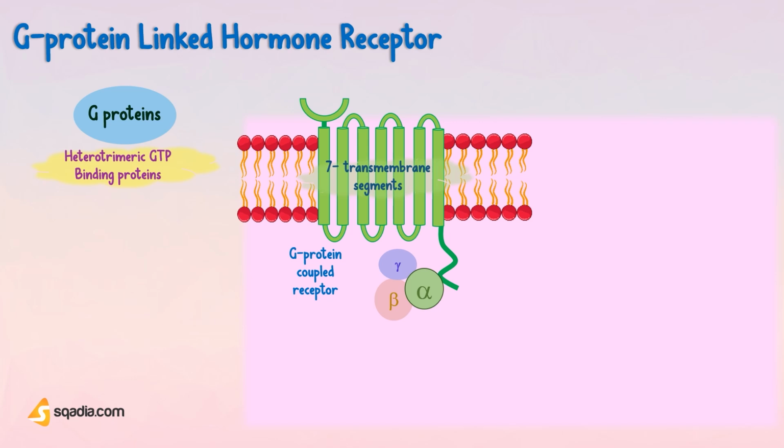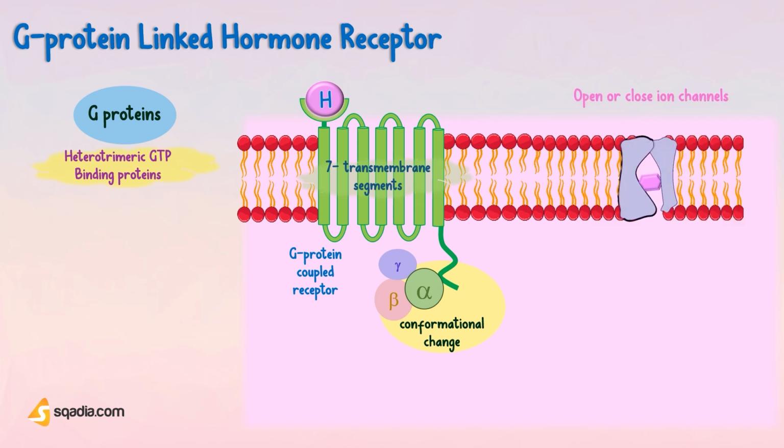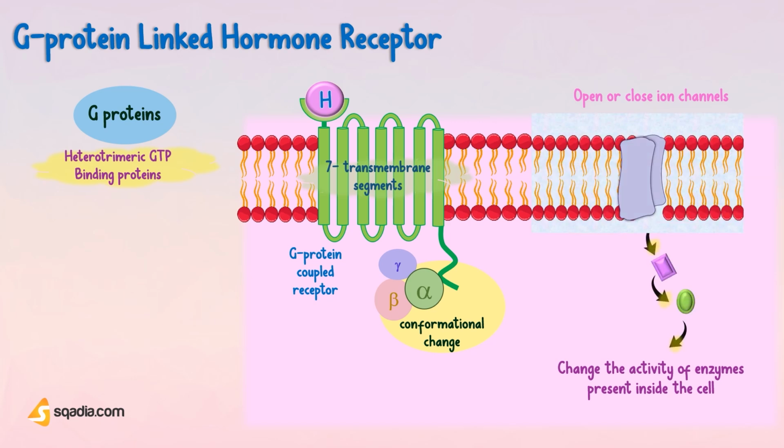G-proteins include trimeric parts: alpha, beta, and gamma subunits. When the hormone binds to the extracellular part of the receptor, a conformational change occurs in the receptor that activates the G-proteins and induces intracellular signals that either open or close cell membrane ion channels, or change the activity of an enzyme in the cytoplasm of the cell.